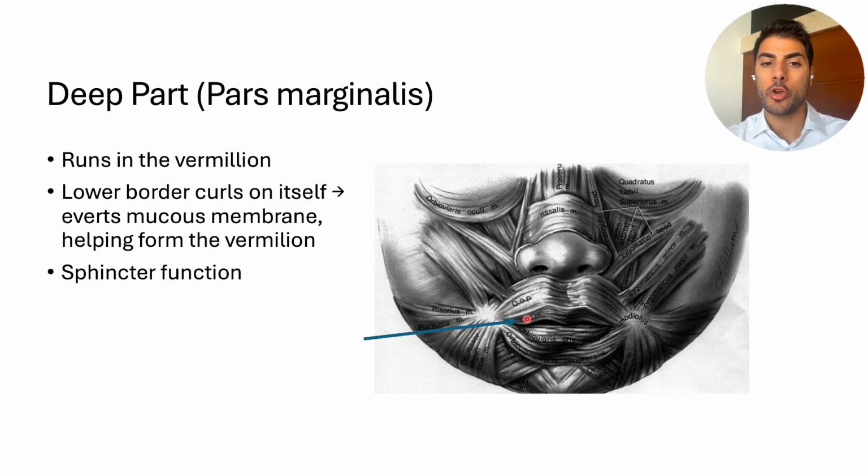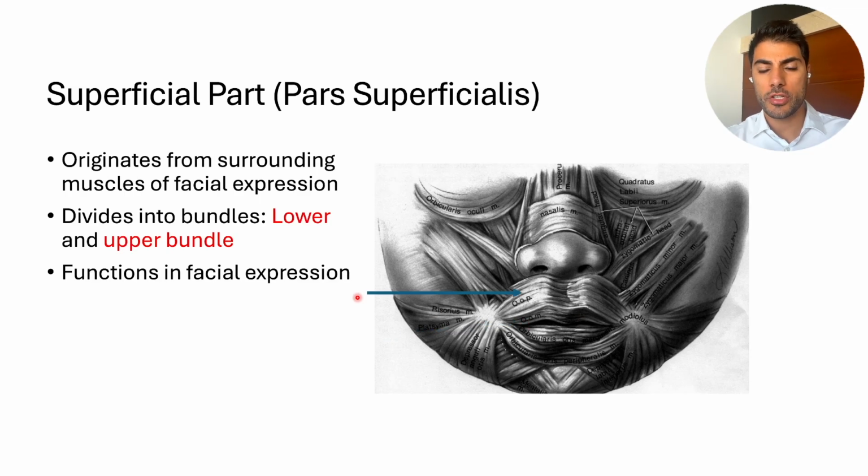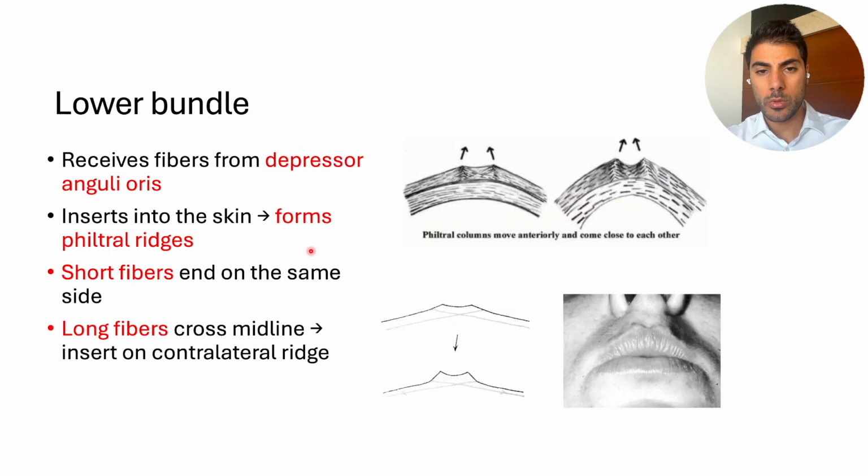It helps in curling the lower border on itself, which helps in inverting the mucous membrane, and its function is basically a sphincter function. While the superficial part is divided into lower and upper bundle, and its function is for facial expressions.